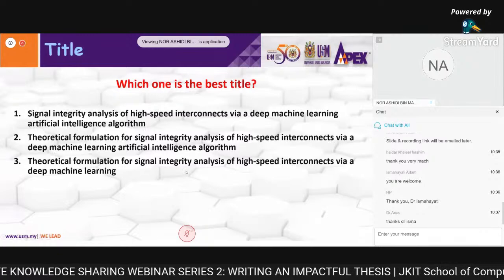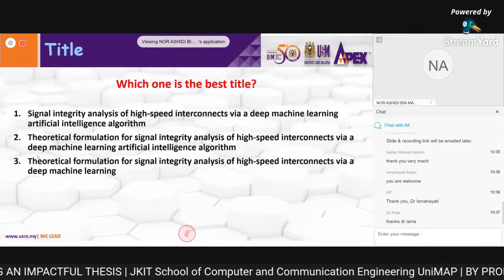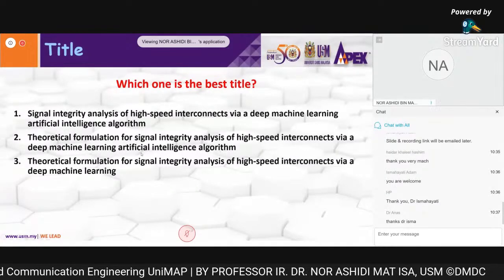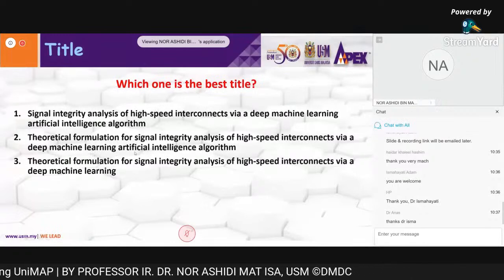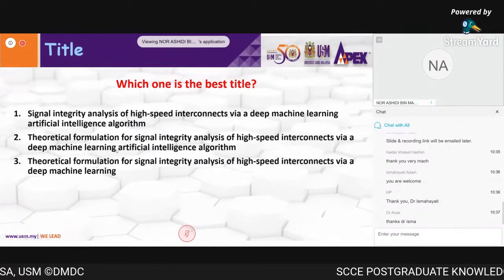Okay, and then what is the difference between this one and this one? Deep machine learning and artificial intelligence algorithms, basically these two are AI, so no need to repeat it. It's enough for you to stop at deep machine learning.